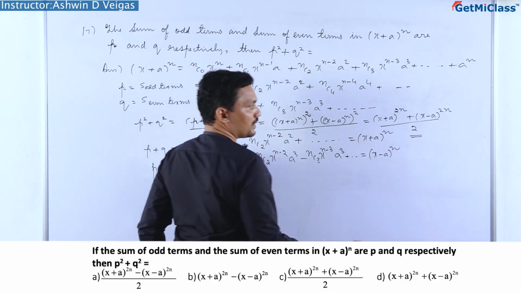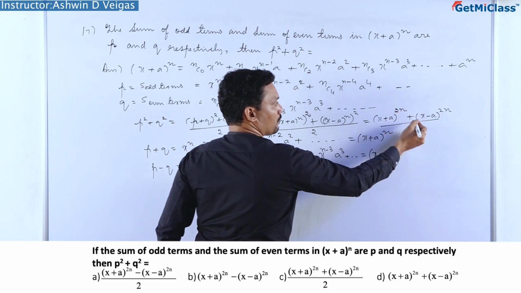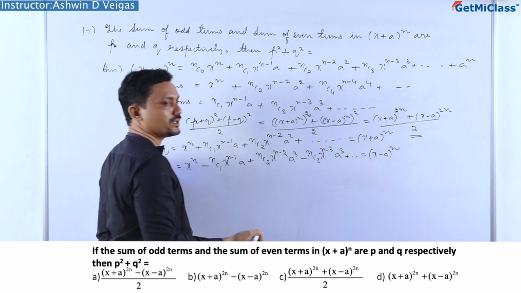So, therefore, this is the answer for this question: ((x + a)^(2n) + (x − a)^(2n)) divided by 2.